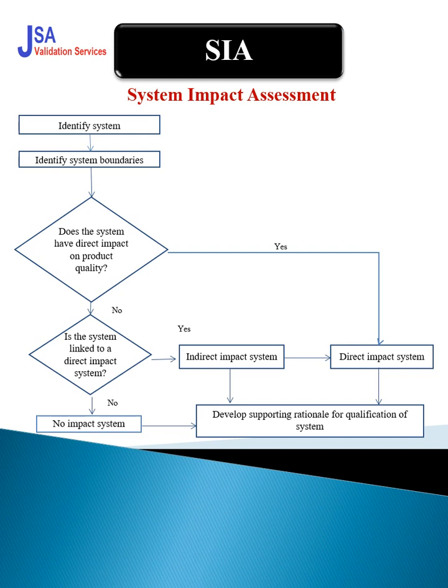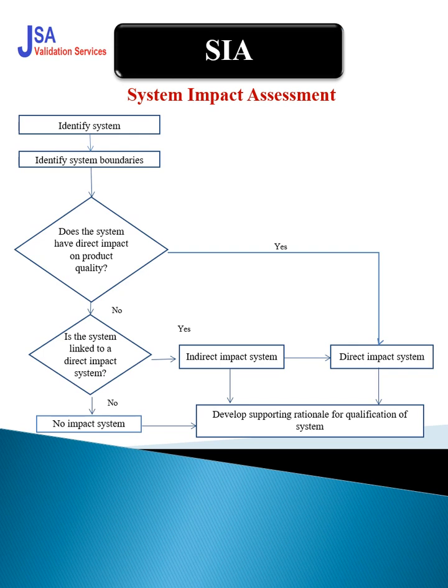Suppose an AHU that you are using for the office purpose, for making comfort in the office, that will have no impact on the product quality. But an AHU installed in the granulation area or anywhere we require an air classified area will impact the product quality, so that will be a direct impact system.